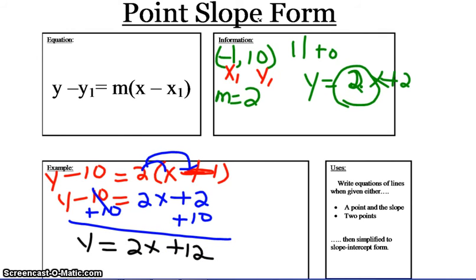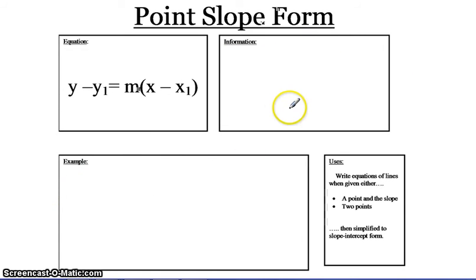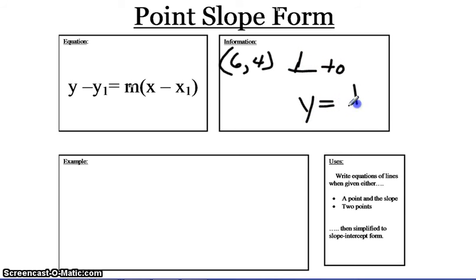Our last example, we're again going to write the equation of a line, but this time we want the line to be perpendicular. So we want to write an equation of a line that contains a point (6, 4), and it is perpendicular to the line y equals 1/4 x plus 10.